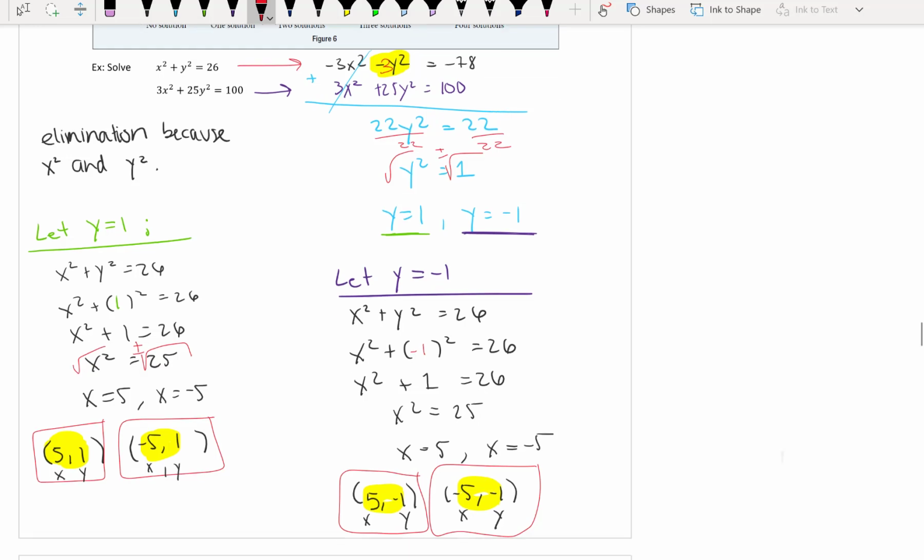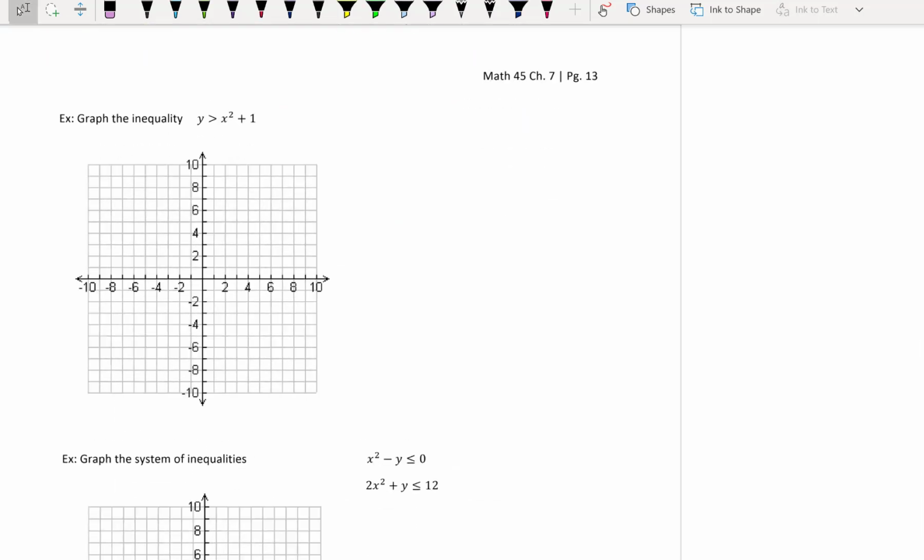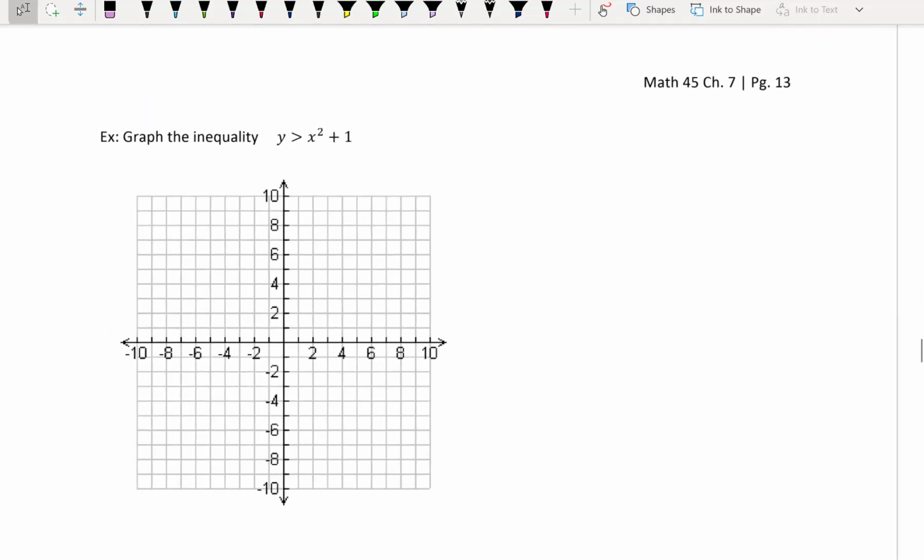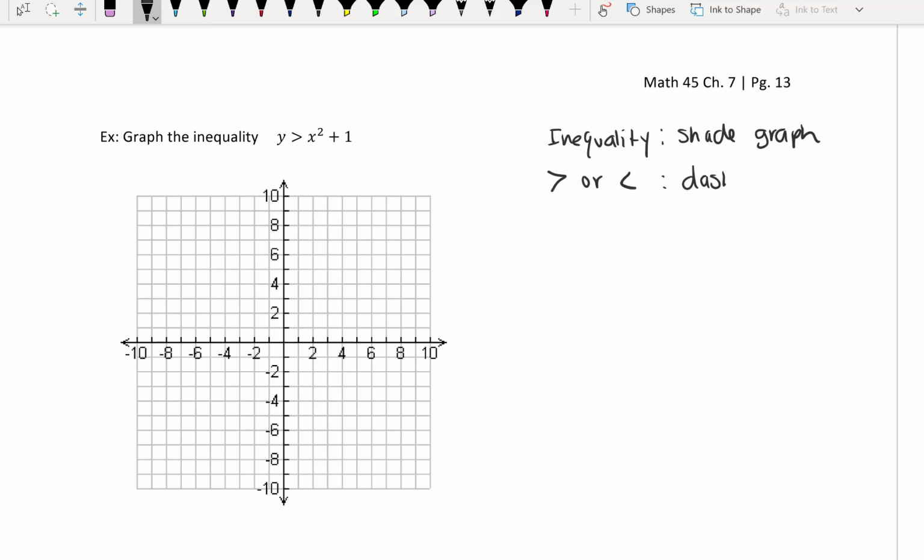So now let's take a look at this graphing the inequality. So here, when I'm graphing this, because it's an inequality, I know it's going to be shading. When it's greater than or less than, it's going to be a dashed line.